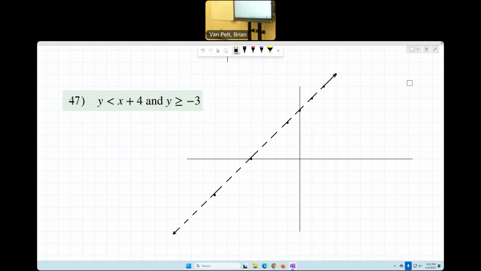I'm going to change the orientation of my first things because the next one is y is greater than or equal to -3. That's a horizontal line. So I'm going to waste my horizontal lines on doing this one. We come over here and we go across, then we can make it that thick. We change that.